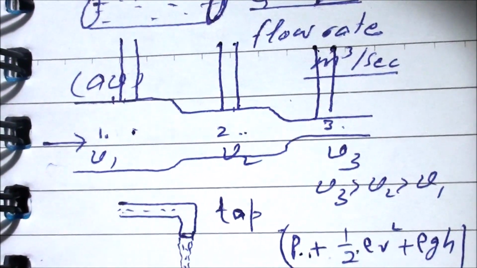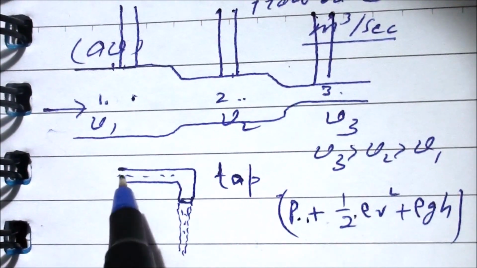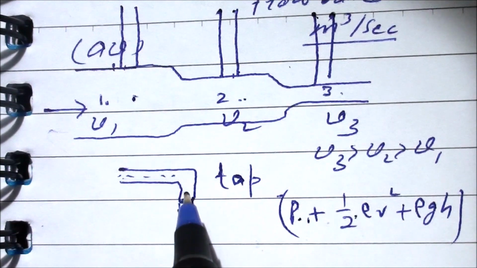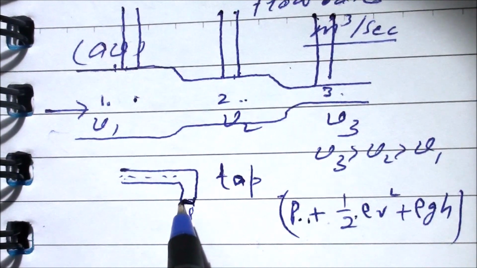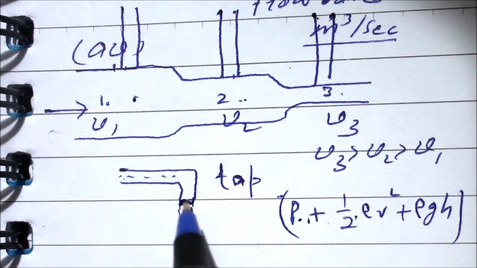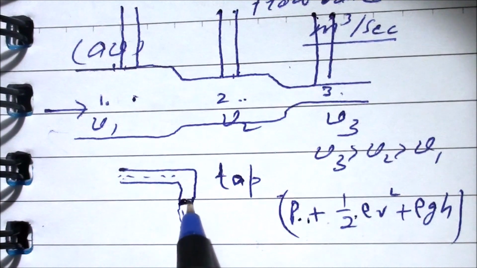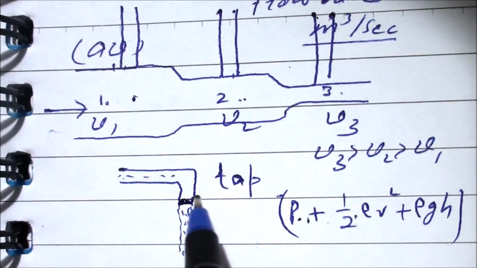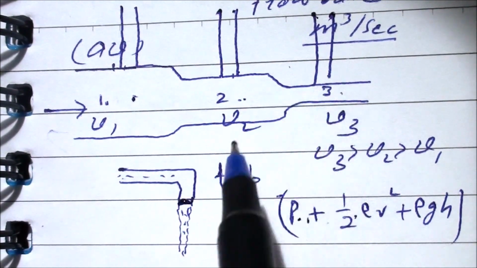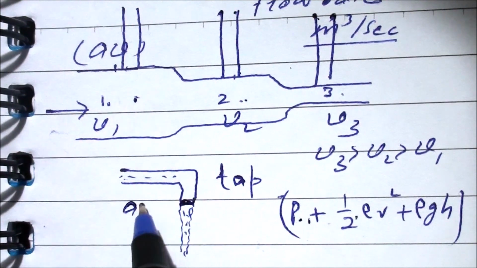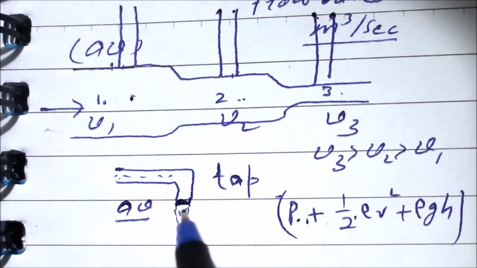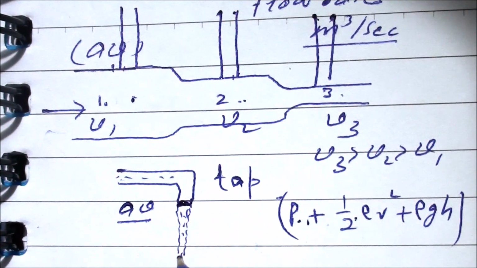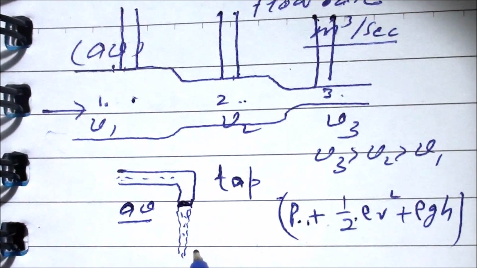An example based on it: let me consider water coming out of a tap. If you might have observed it, water coming out of this tap has a certain flow rate, which is again, let me say, A into V. Now as water molecules move downward, the velocity will keep on increasing.